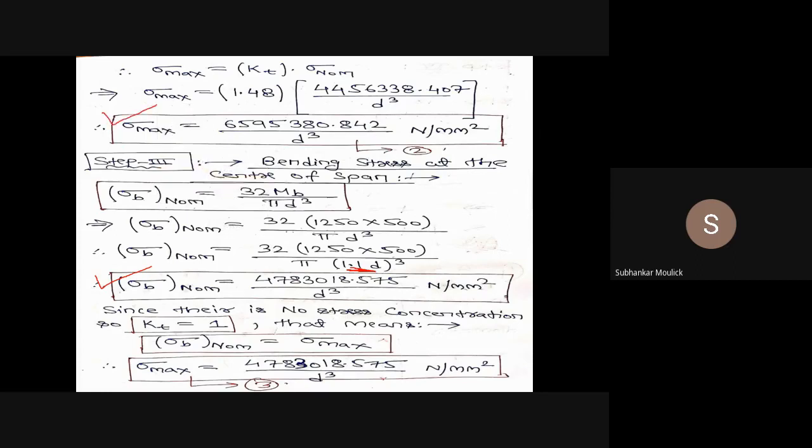This is for fillet and this is for mid span of the beam. किसमें बेंडिंग स्ट्रेस ज्यादा है? Fillet. ज्यादा है because this particular value is much more than this particular value. Whatever be the value of d, when you will divide sigma max, whatever value will come, it will be much greater than this sigma max value.